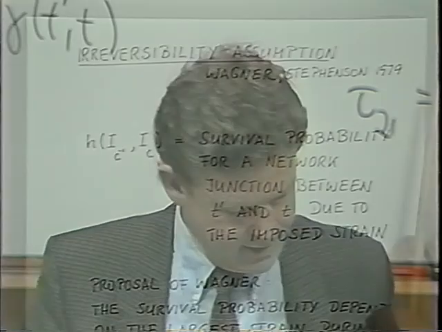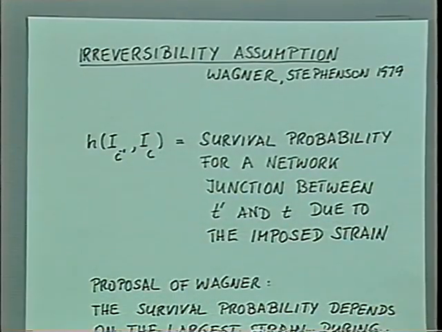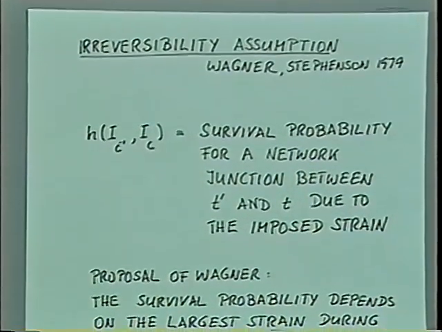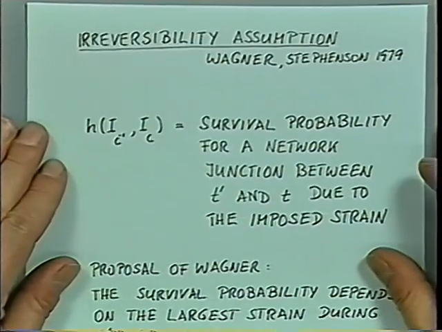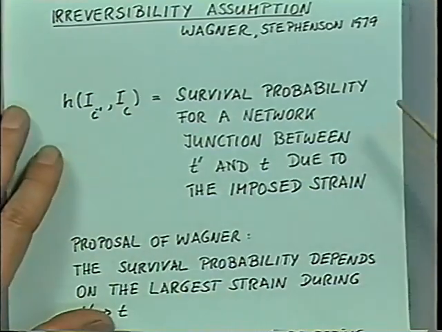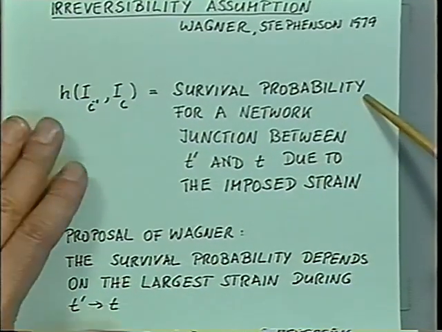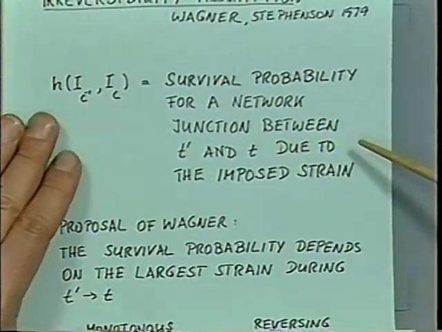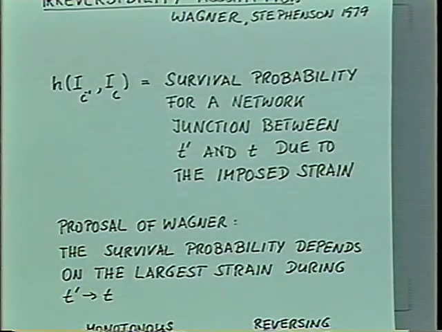So far we had flows where the strain always increased in time, and that gave rise to a very simple formalism. We could say that H is simply the survival probability for a network junction between t and t prime in a deforming medium. Those junctions are falling apart because of Brownian motion.